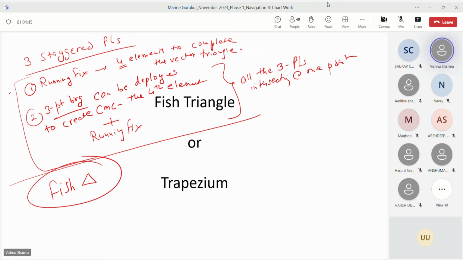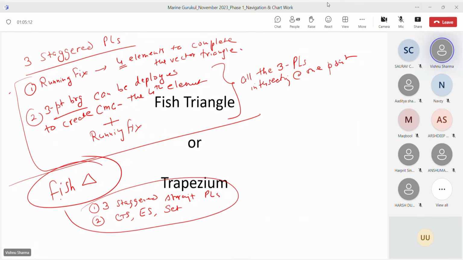That means in fish triangle, what will you have? You will have 3 staggered straight line PLs. It will have your CTS, engine speed, and set of the current. That's all.